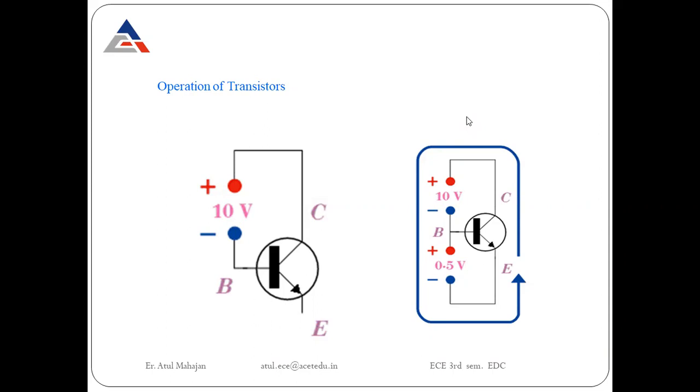In this way the transistor works from the emitter towards the collector junction. This shows how we practically implement this in transistors, with the emitter-base forward biased and the collector-base reverse biased.